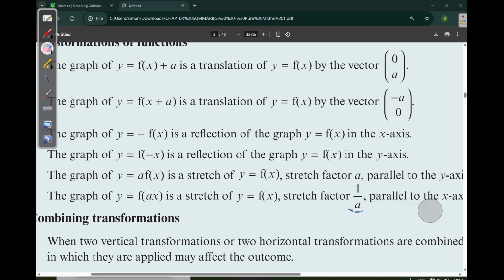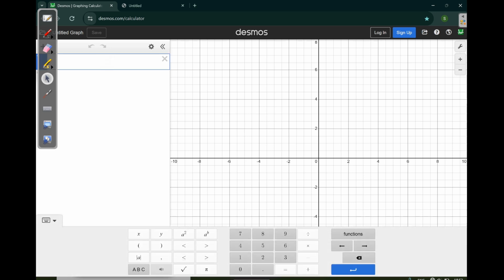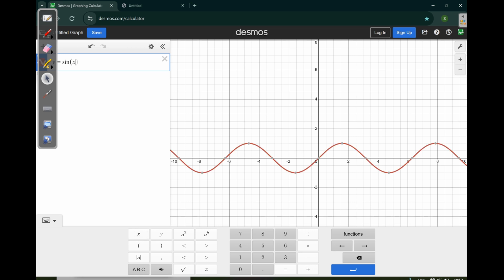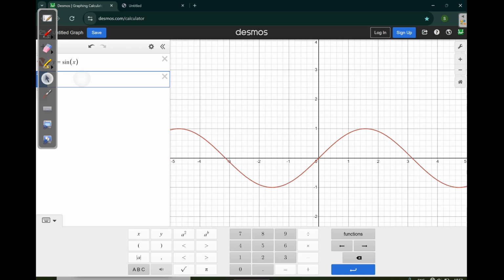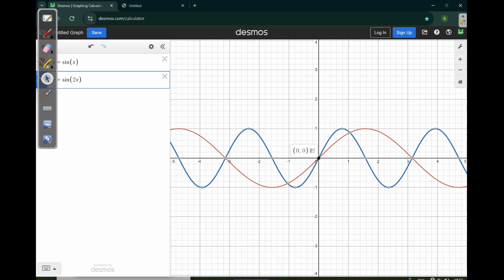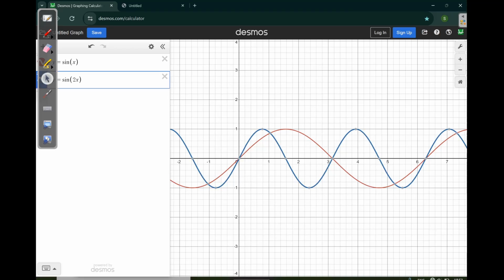Now, let me take you to this graph. Let me use the sine curve, y is equal to sine of x. And then we also draw another one, y is equal to sine 2x. Something has been done on that x there. So you can see that the period of this one has reduced.